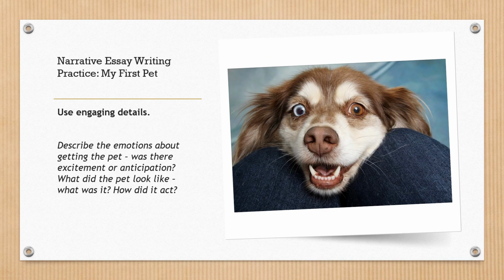By adding engaging details, you can describe the excitement and anticipation of getting the pet. Or maybe you weren't excited. What did it look like? How did it behave? Did you have any conversations about the pet with family or friends? These are the things that will make your narrative come to life.